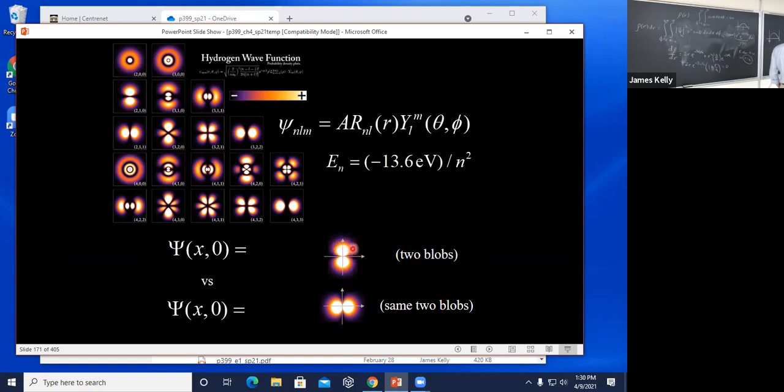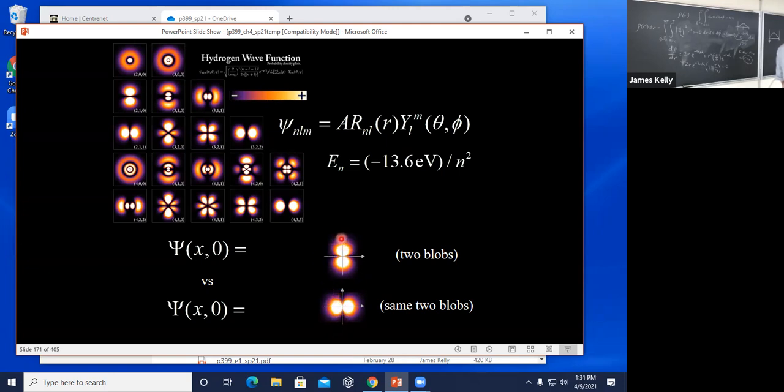High probability at positive z, high probability at negative z, and 0 in the middle. Now I could take this whole thing, these 2 snowballs, and just rotate them so they're lined up on the y-axis instead of the z-axis or something like that, right? So I don't mean that this is a donut shape. It's not symmetric as you go around in phi. It's still 2 blobs. It's the same exact function. It's just rotated in space.